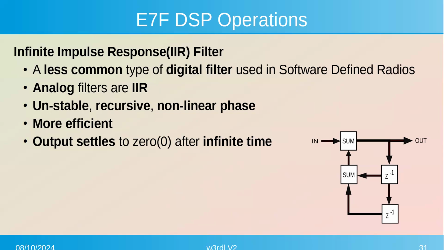Obviously, they don't have a constant delay time through them, phase shift. Turns out they're more efficient to implement. You don't necessarily have to have as many taps for delay because of the recursion.